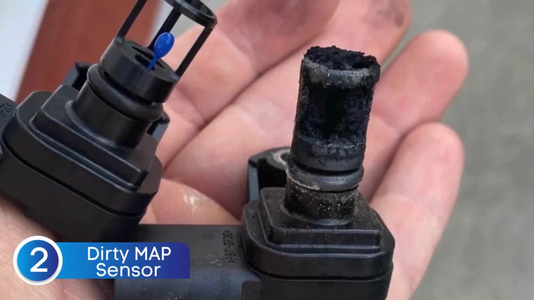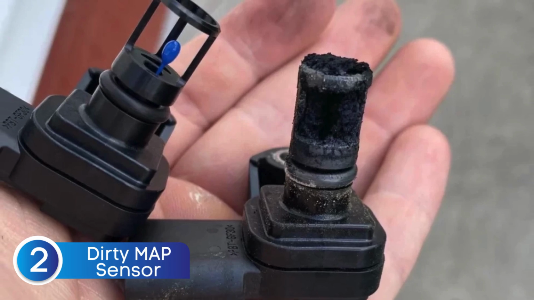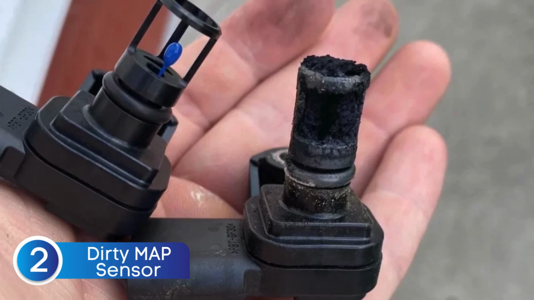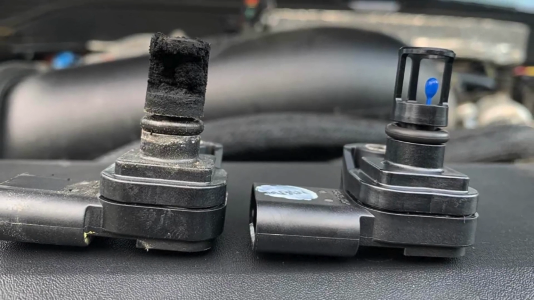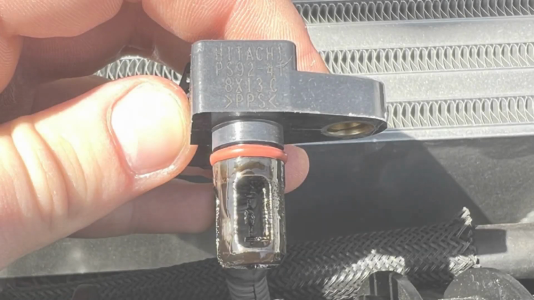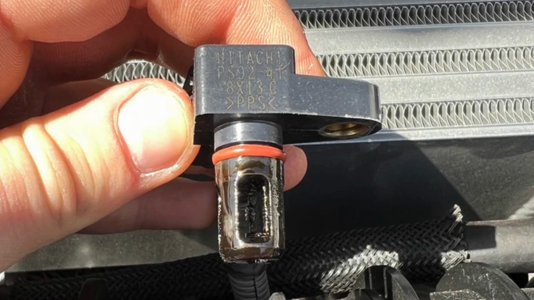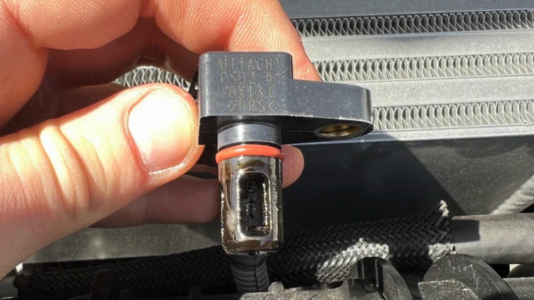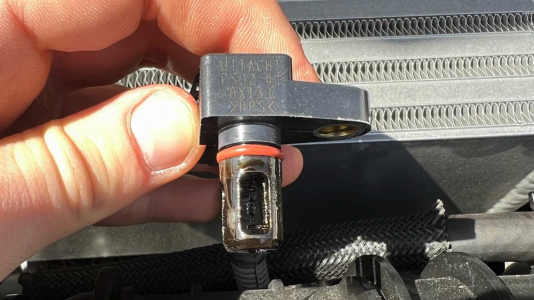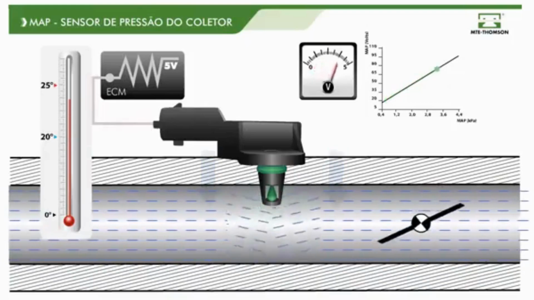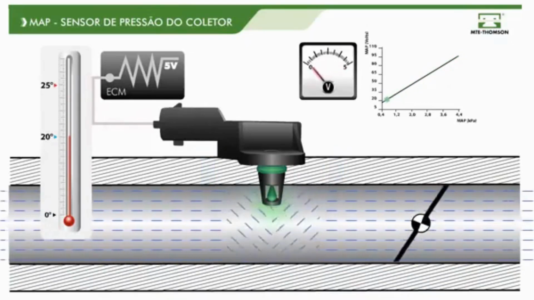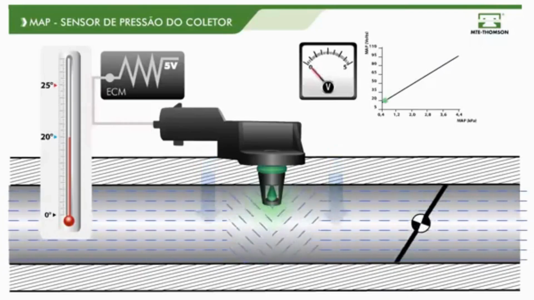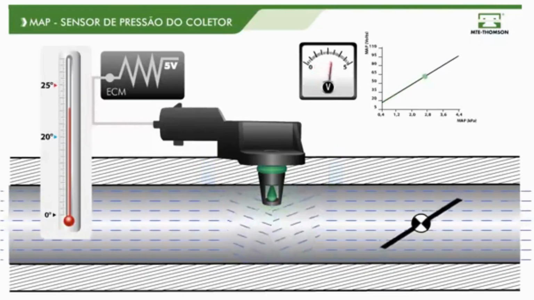Another very common cause of the P0108 code is a dirty MAP sensor. Over time, dust, oil vapors, and other contaminants from the intake system can build up on the MAP sensor's sensing element. Since the sensor is constantly exposed to incoming air, contamination is more common than many people realize. When dirt and oil accumulate on the sensor, it can no longer accurately measure intake manifold pressure.